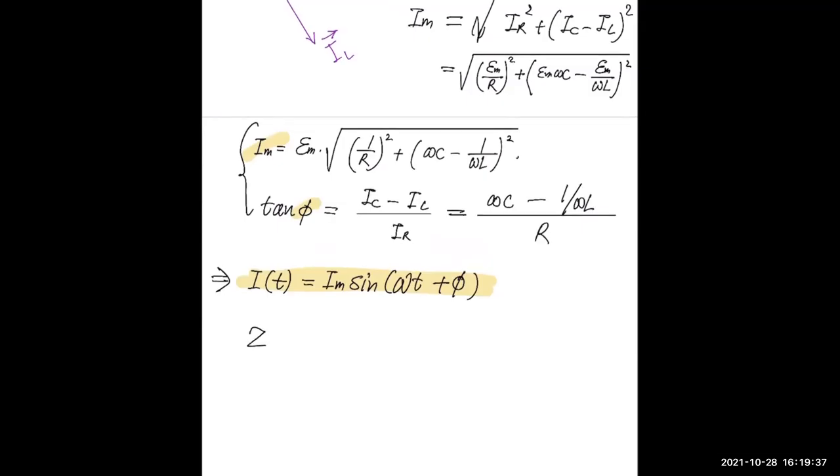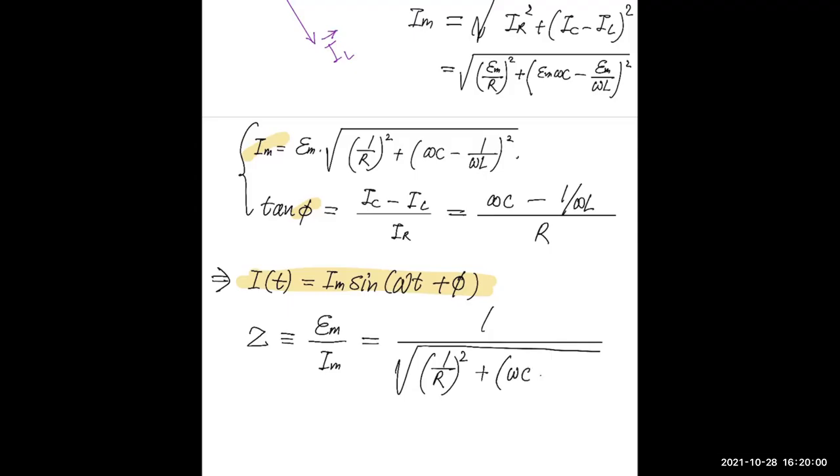Impedance Z is defined as the amplitude of the driving EMF divided by the amplitude of the total current, I maximum. Okay, and what is that equal to? Well, that turns out to be equal to this: the square root of (1 over R) squared plus (omega C minus 1 over omega L) squared, all to the power of minus 1.